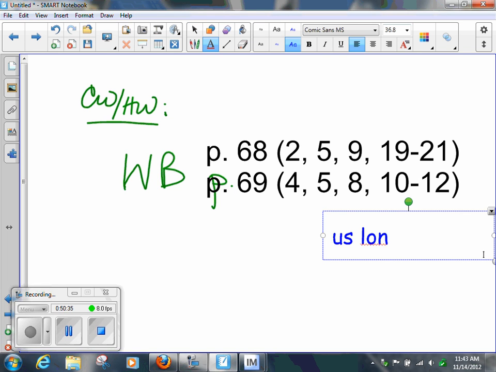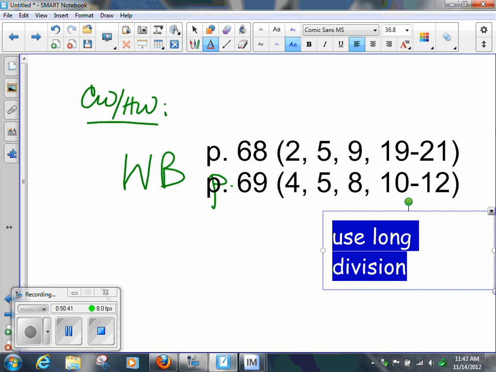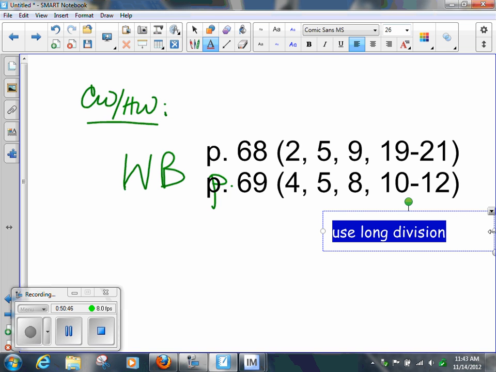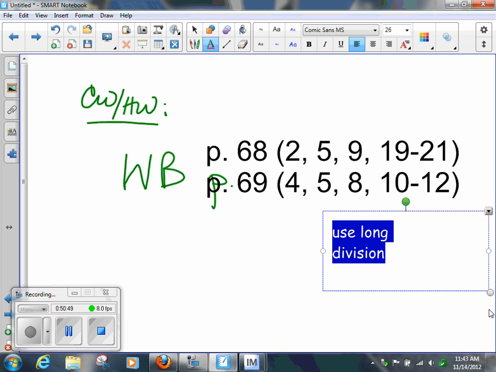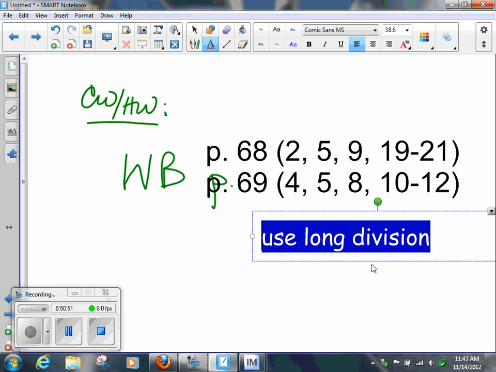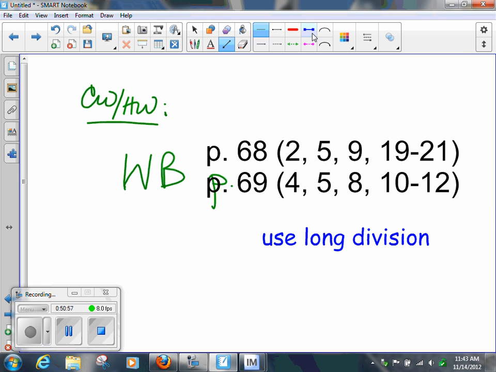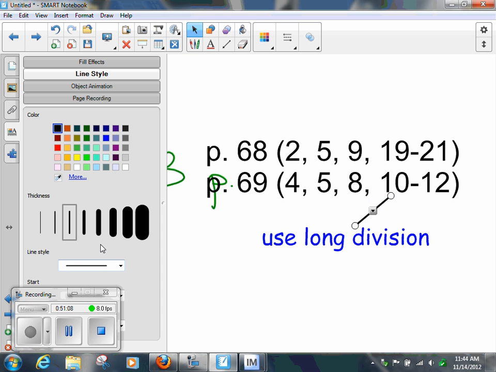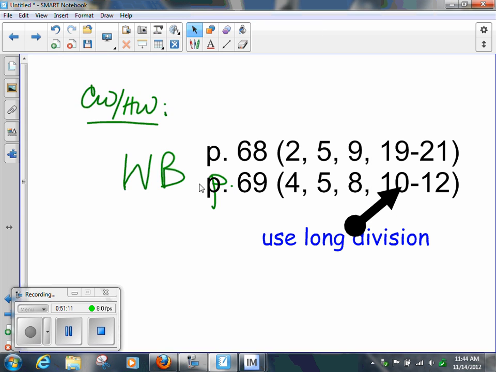Use it. Wow. If you can't get the point.